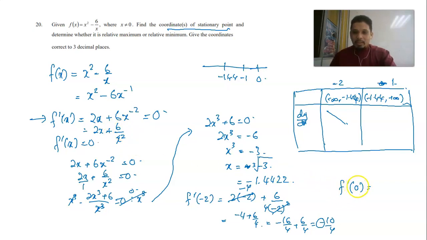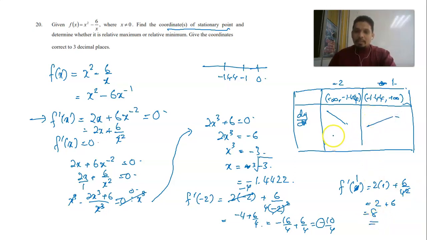So I take the value of 1 here, x equals 1. So f prime of 1 is 2 times 1 plus 6 divided by 1 squared. So 2 plus 6 equals 8. So the gradient is increased.